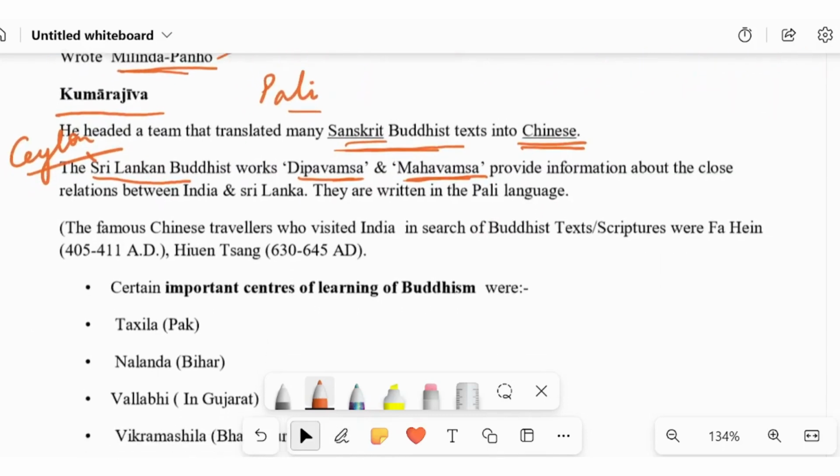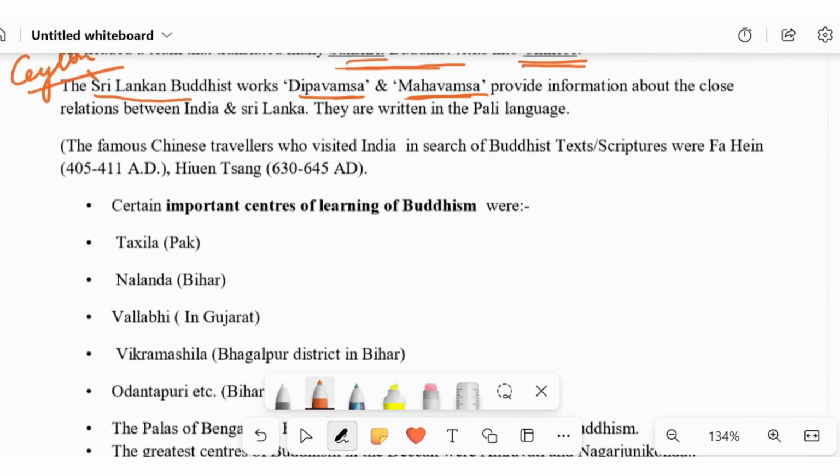And India was such a famous center for learning related to Buddhism that scholars from various parts came to India in search of Buddhist texts and scriptures and to gain knowledge, like Fayan and Huensang. Fayan during the Gupta period and Huensang during the time of Harshvardhan came to India in search of Buddhist texts.